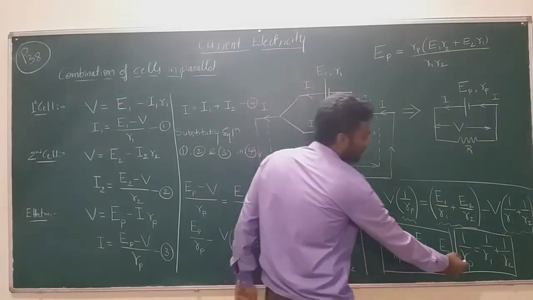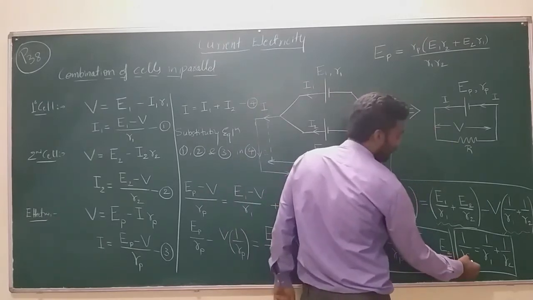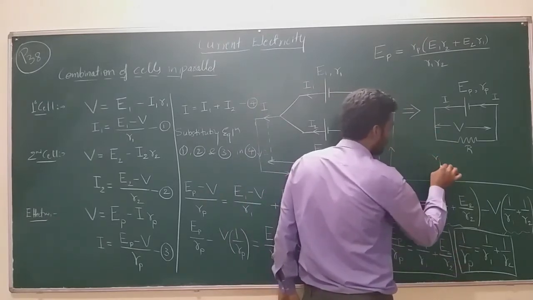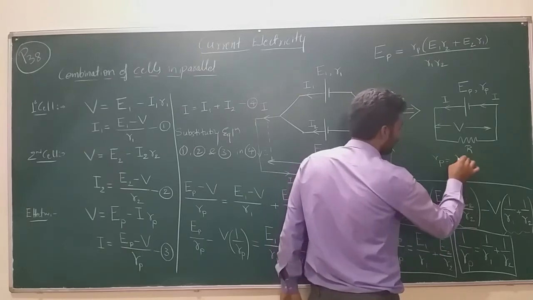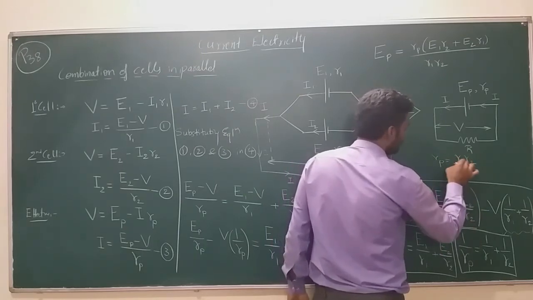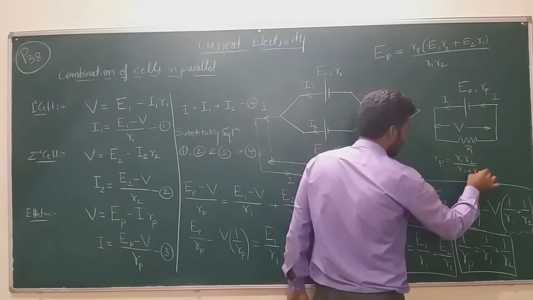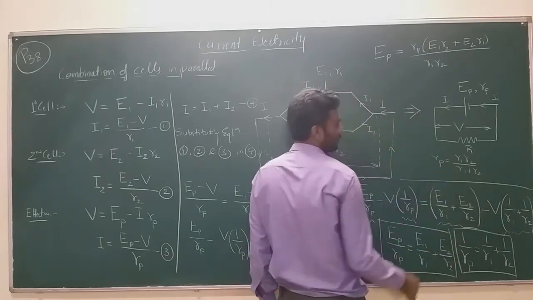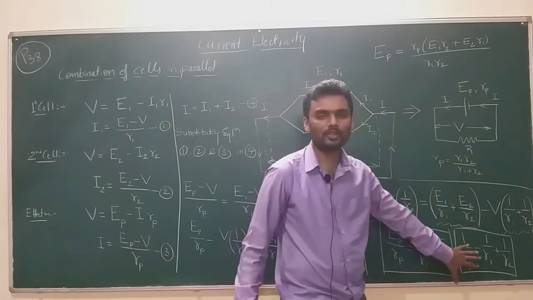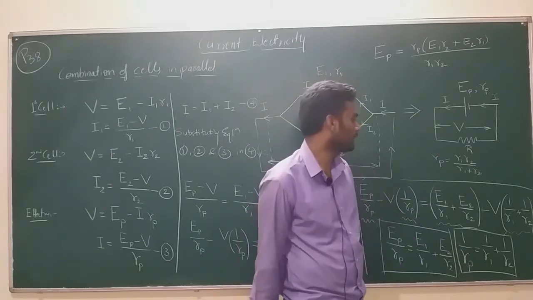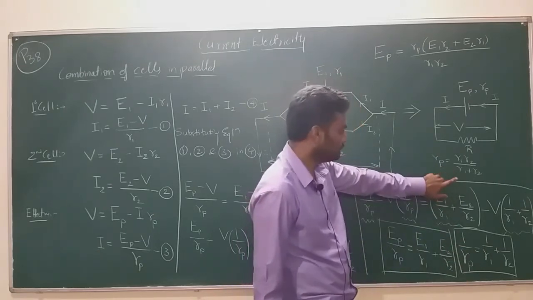So, now look from this, what will be Rp actually equal to? Rp will be equal to R1 R2 by R1 plus R2. This is very similar to resistors in parallel, nothing else. Now, look at this.